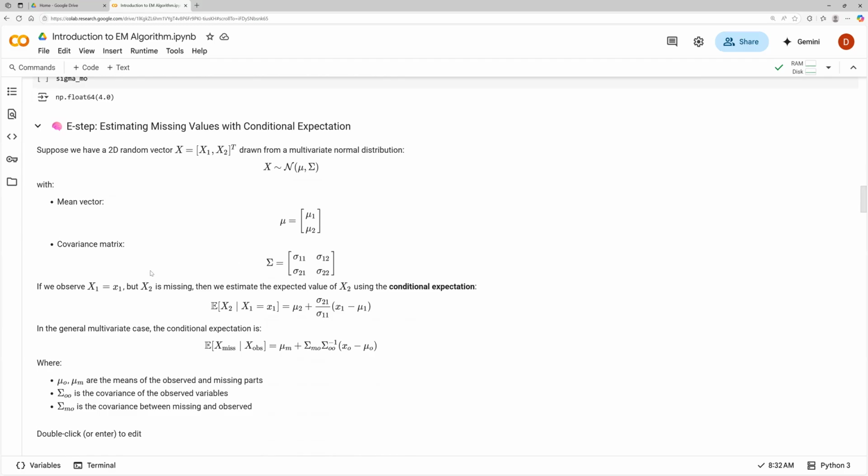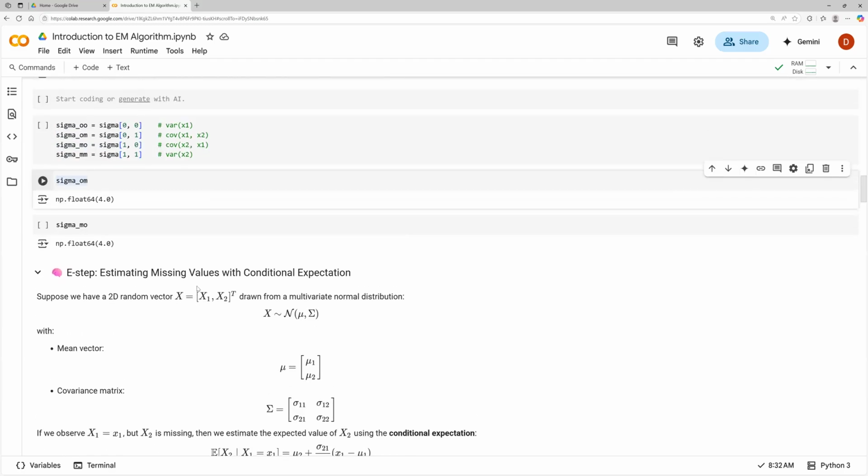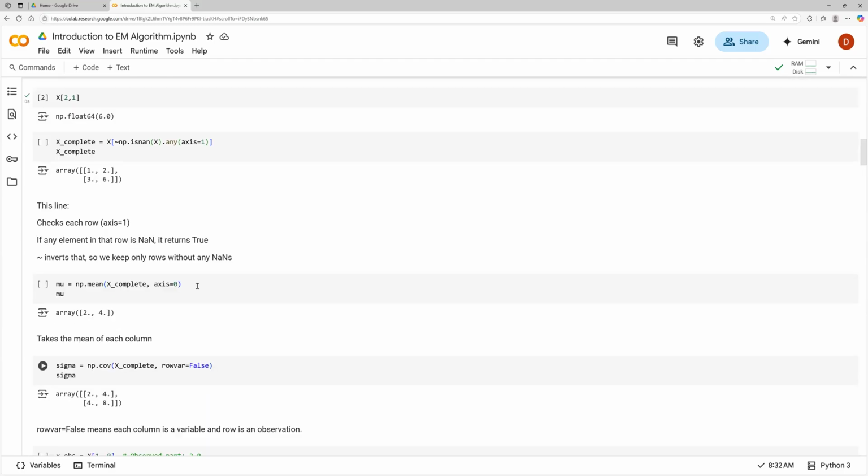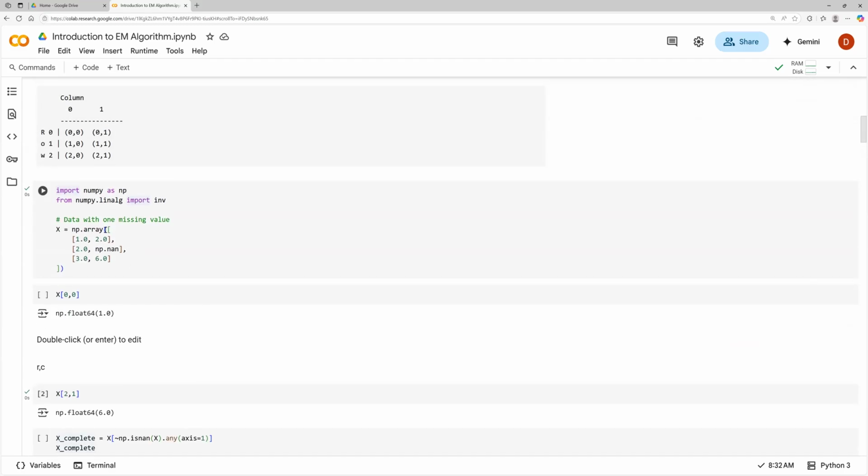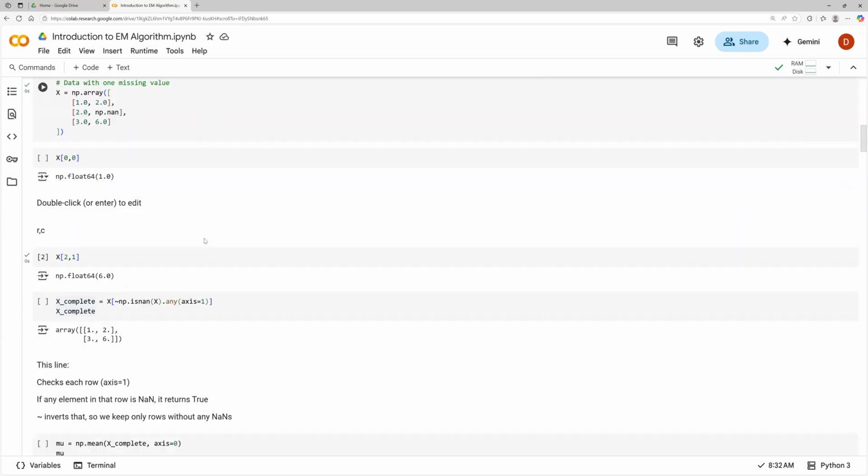So if we observe x1 but x2 is missing, which we saw in our columns, we see that in x2 this column is missing.